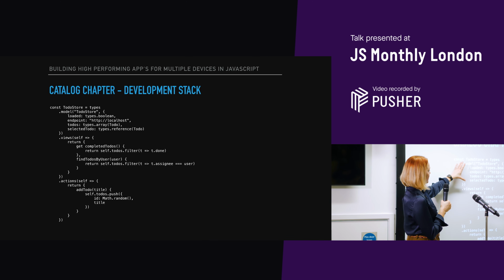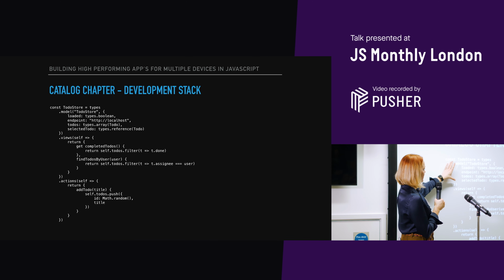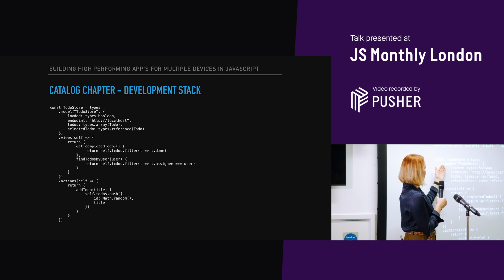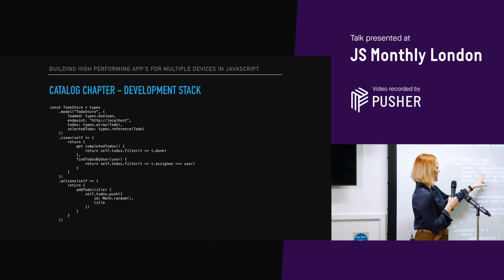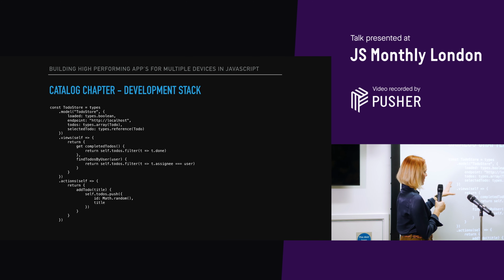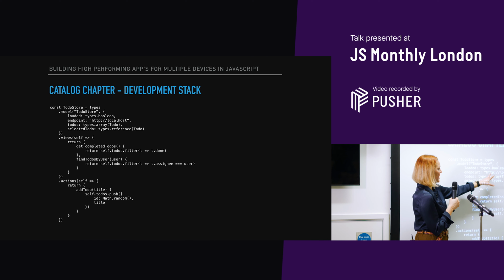Actually, this is the most important part of the Mobx. So what it is doing is defining the state of our application through the model, so through its properties, but it's also defining, how they call it, the shape of our state by defining the types.